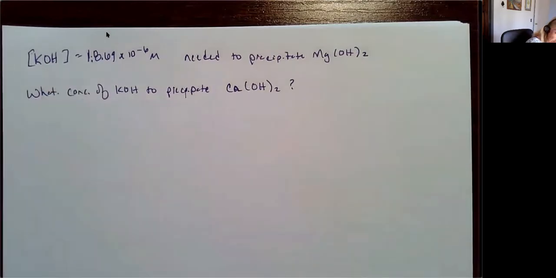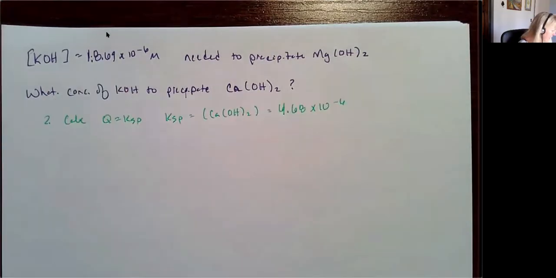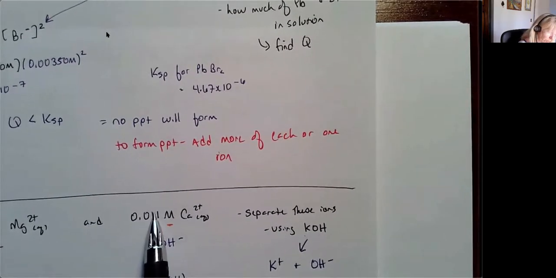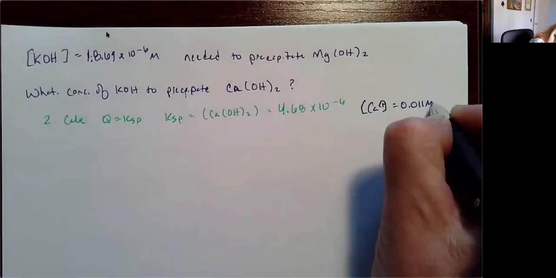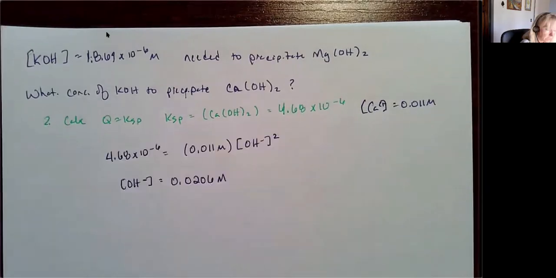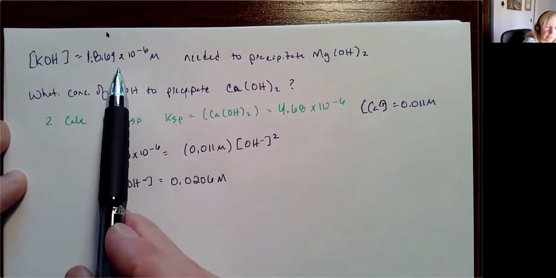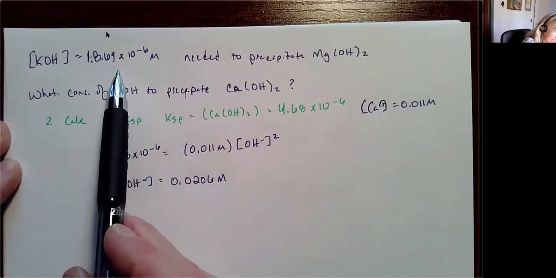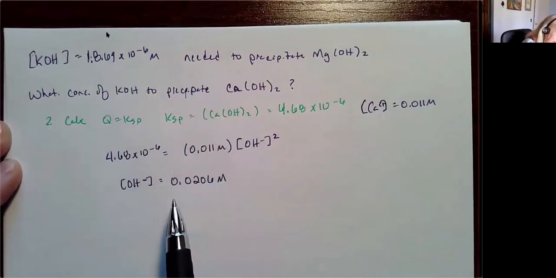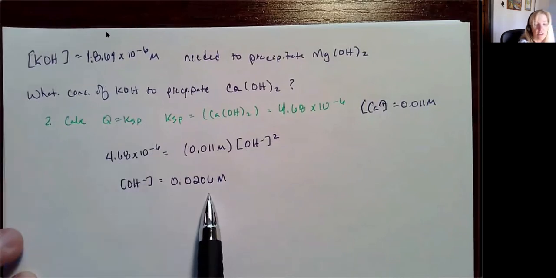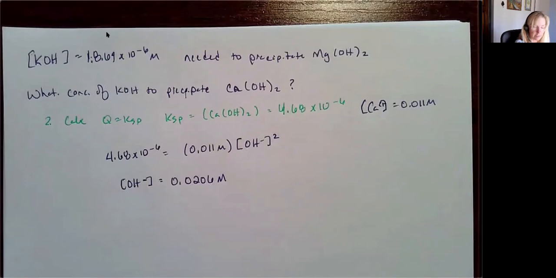So I'm going to do the same set of conditions, and my initial concentration of calcium was 0.011 molar. So I'm going to use those values. At this concentration, I'm going to selectively precipitate out magnesium, but then I'm going to have to add in potassium hydroxide at this concentration to start precipitating out my calcium.